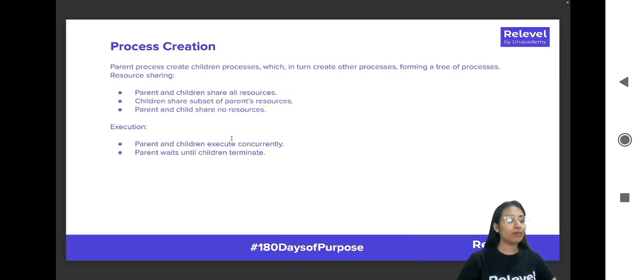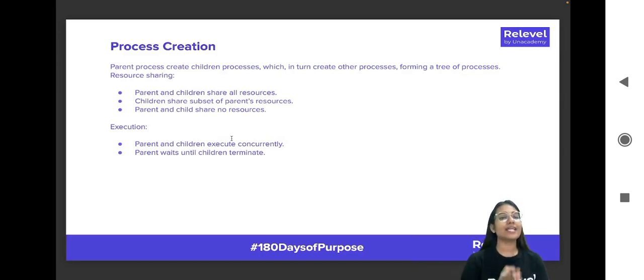So, what happens is through appropriate system calls, like a fork call or a spawn call, using a parent process, we can create child processes or sub processes. The process which creates other processes is known as the parent process, and the processes which are created, the sub processes, are known as children processes.